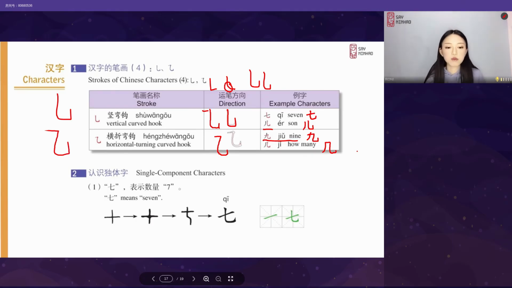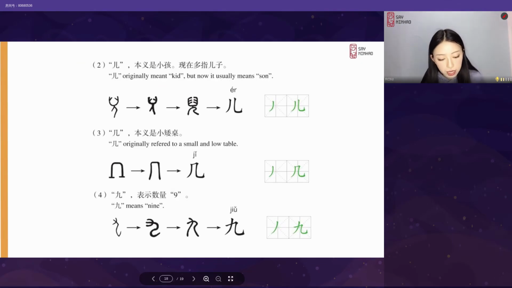Now let's move on to the single component characters for today. First one, qi, which we just learned. It is a horizontal with a vertical curved hook. Qi means 7. Next one, we just learned it.